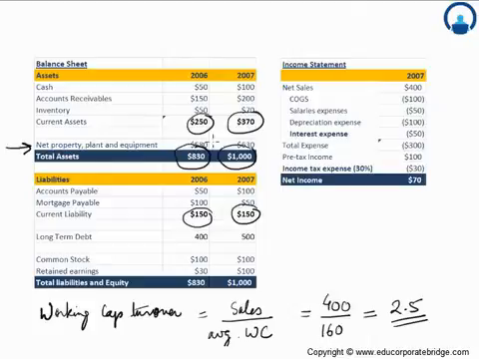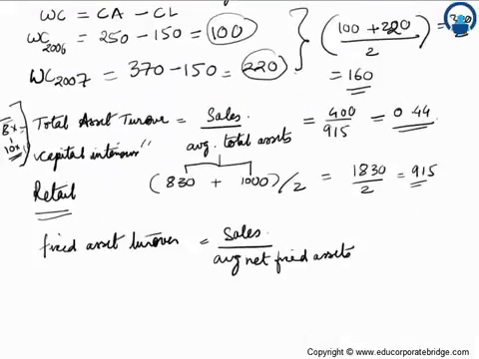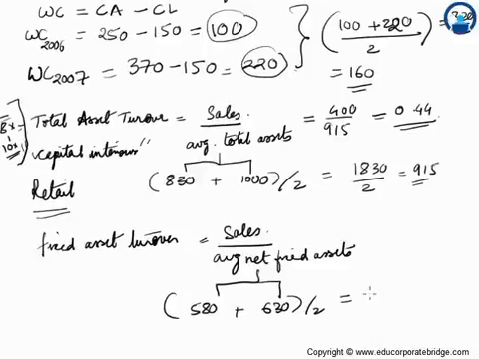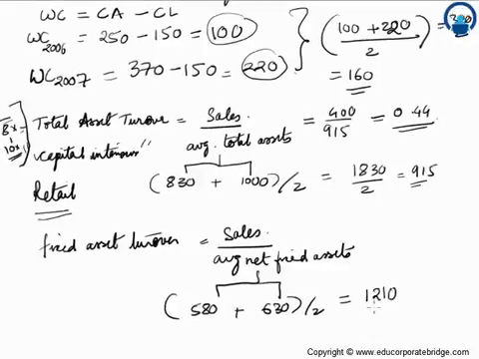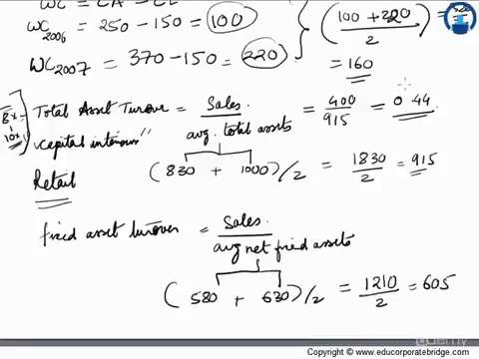This is 580 and 630. So we need to add this up and divide this by 2. So this comes out to be 1210 divided by 2. So this number comes out to be 605.